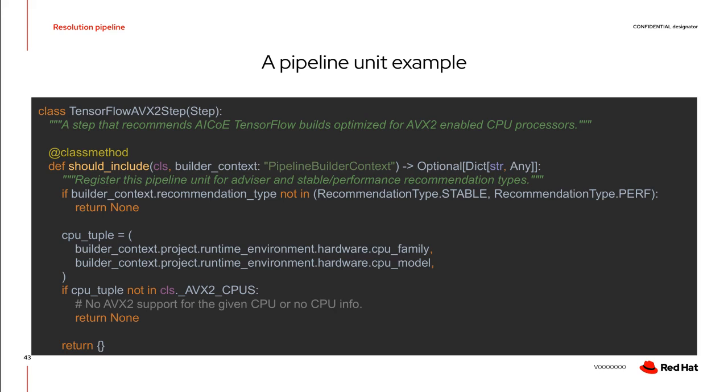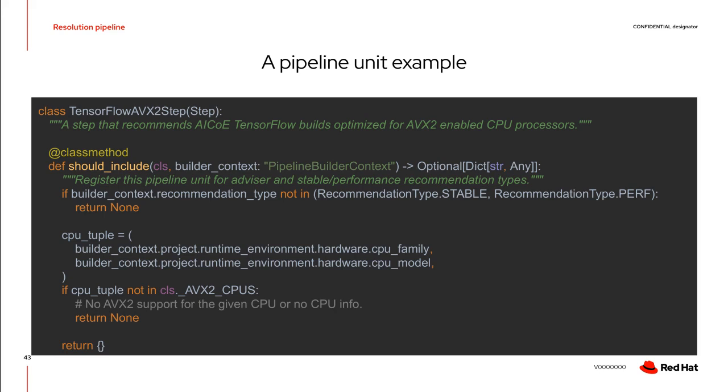So it checks what recommendation type the user requested, and if the recommendation type is performance or the user wants stable software, we include the pipeline unit. We also include it if and only if the user uses a CPU that is capable of the AVX2 instruction set. So that's the only case when this pipeline unit is included.